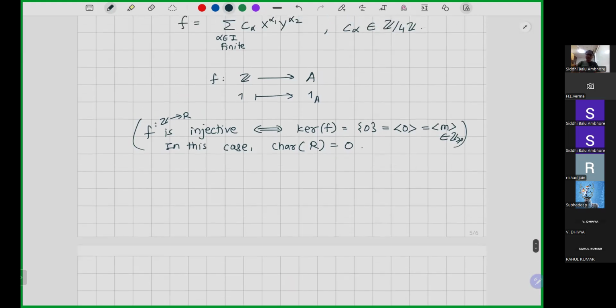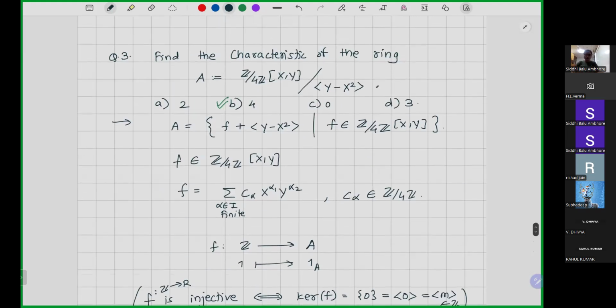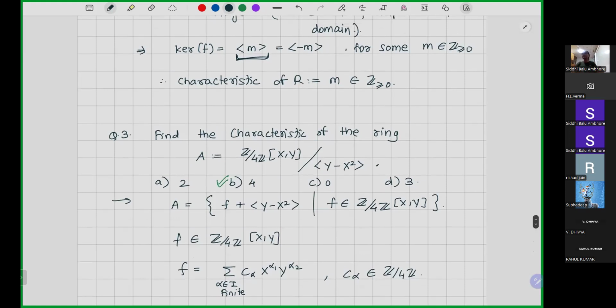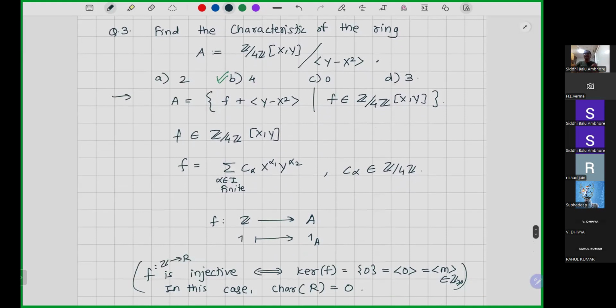Okay. And apart from that, in this question, what I was saying is that the least positive integer belonging to a non-zero ideal generated by M is the generator of that ideal.